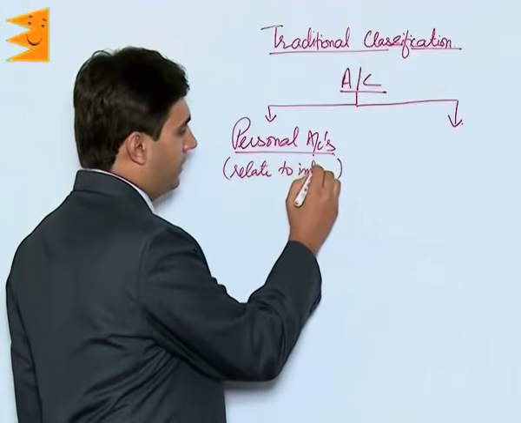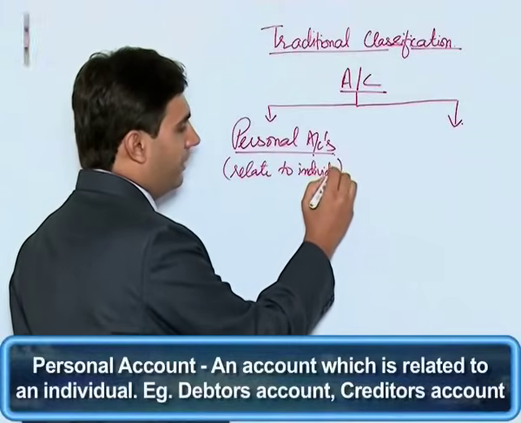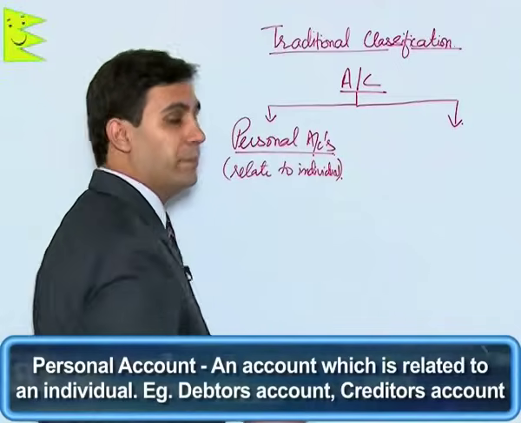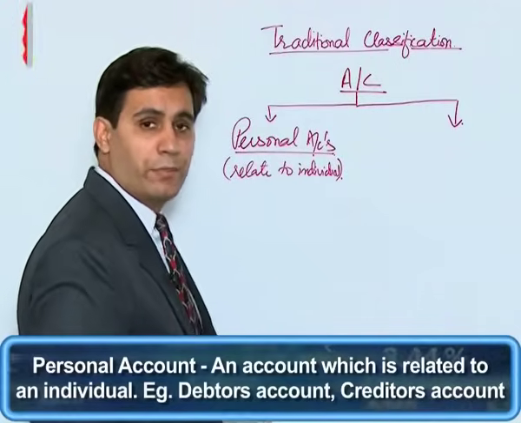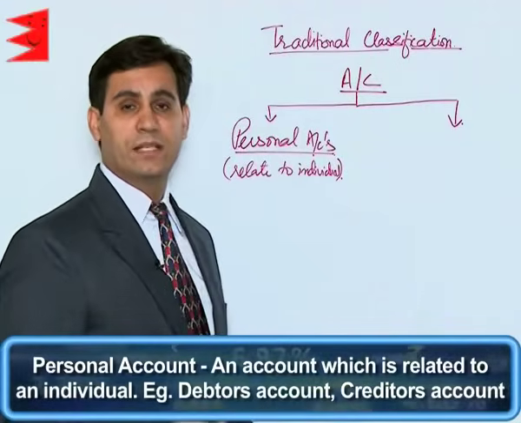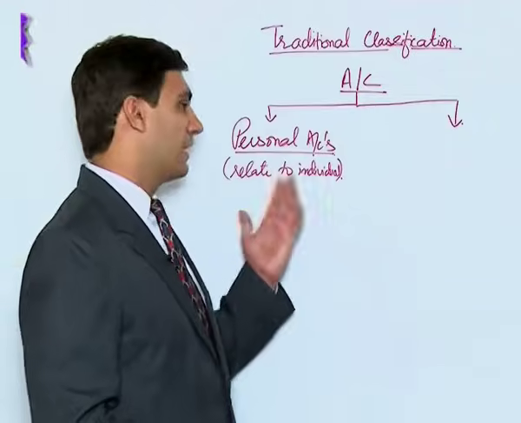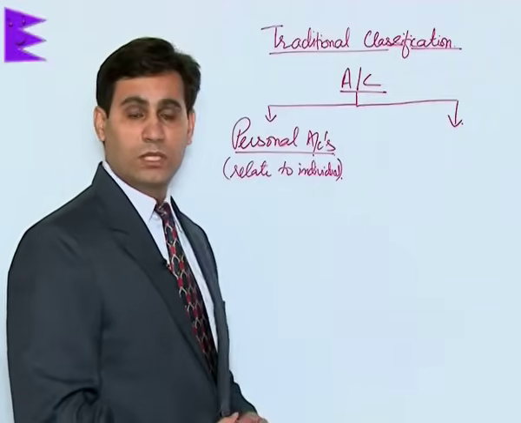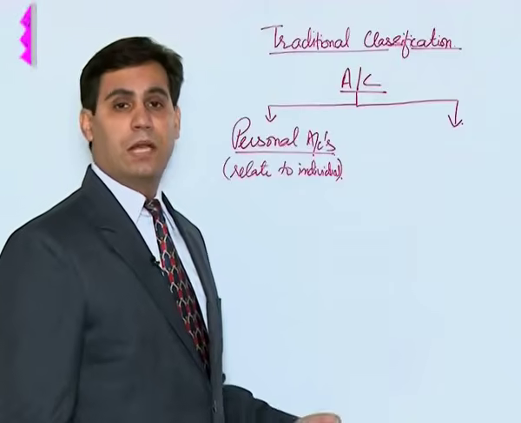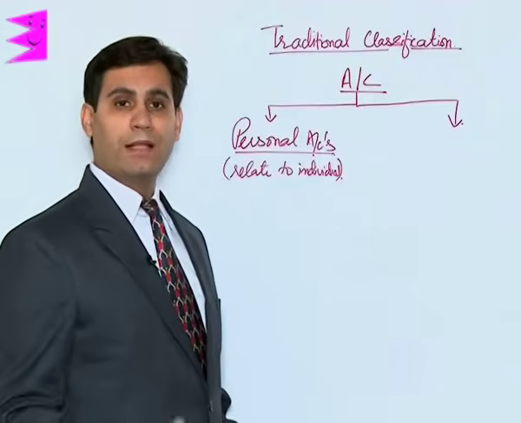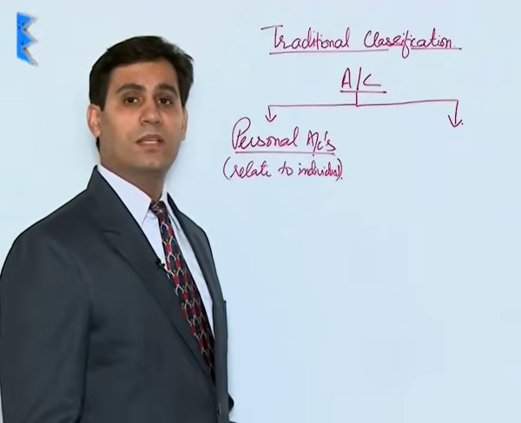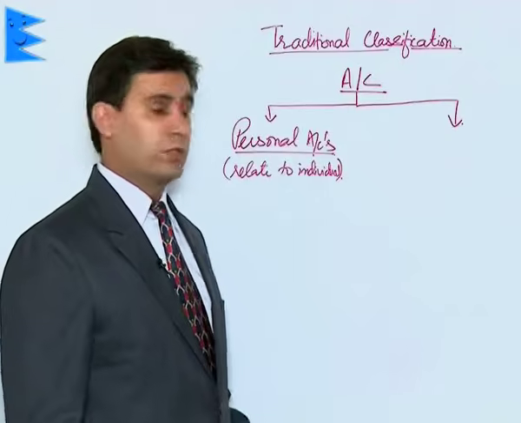In any sense, if it is related to an individual, it would actually be a personal account. For example, debtors account, creditors account, they are individuals, so they are classified as personal accounts. They can carry a name, Ram, Shyam. Your bank account is actually run on your name, so it is your personal account.